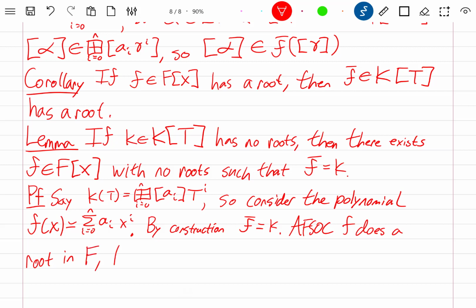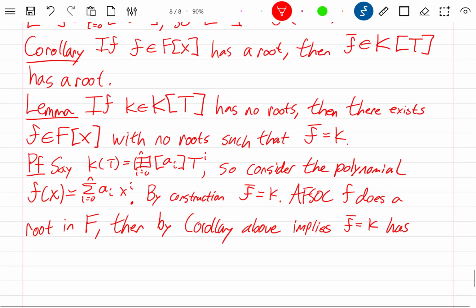Well, then by the corollary above, so this corollary right here, which says if f has a root, the induced polynomial over the hyperfield has a root, this implies that f bar, which is equal to k, has a root in k.